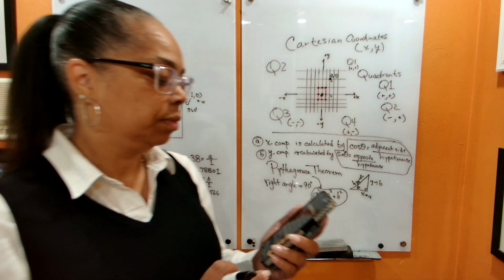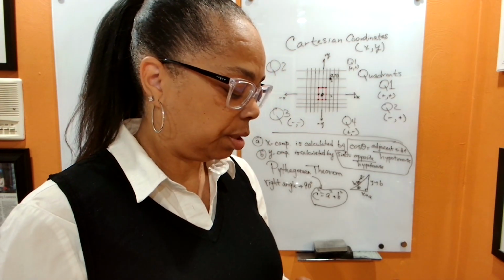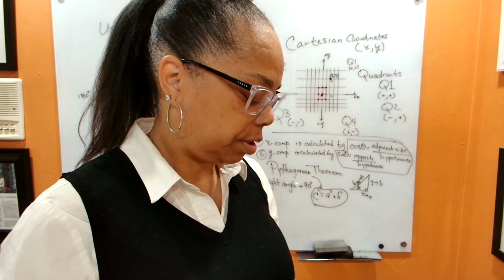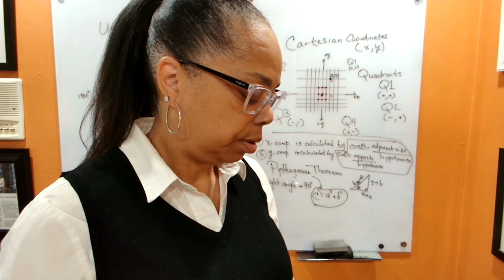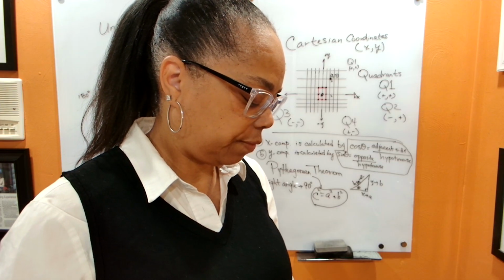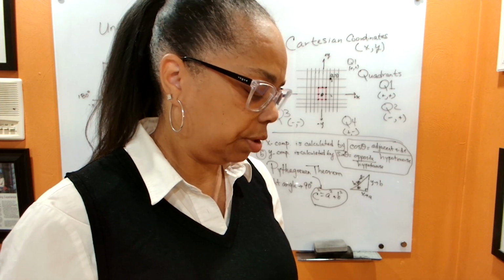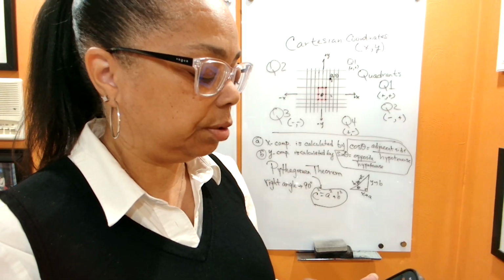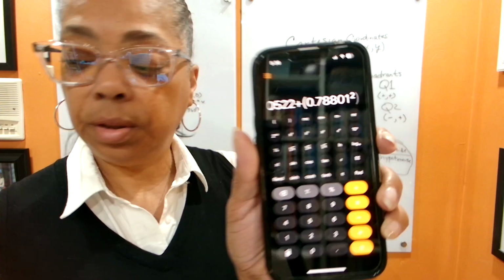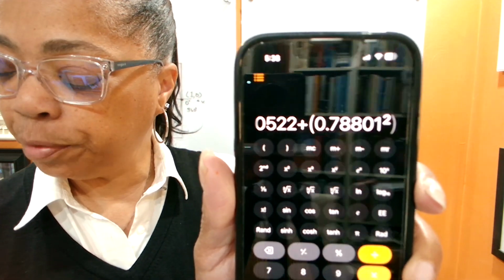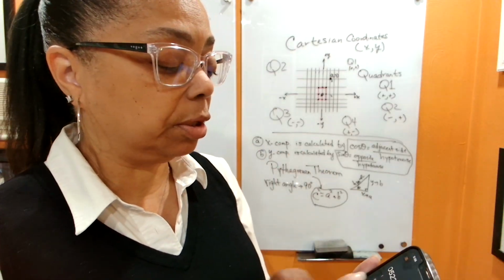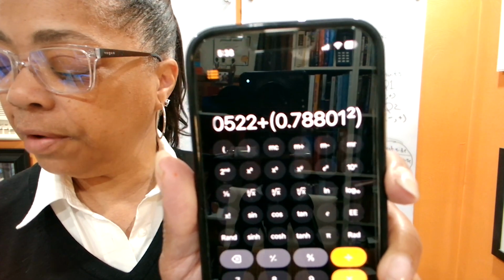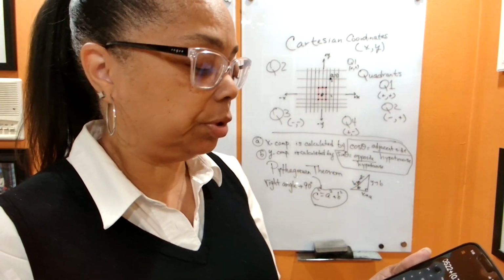So I need some parentheses. So now I'm going to square that inside the parentheses. Squared. Now you see where the gray parentheses on the outside is. I'm going to close that up. There we have it. Now I can say equals.